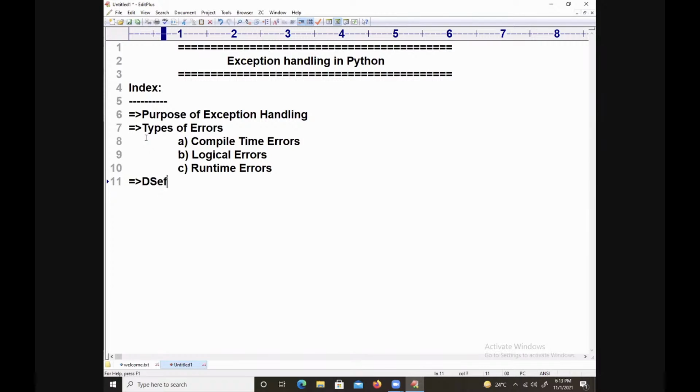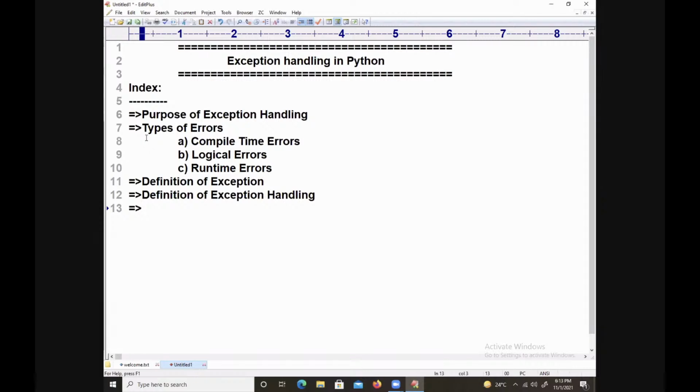Now we are understanding what we mean by exception. That is the definition of exception. Next, the definition of exception handling.